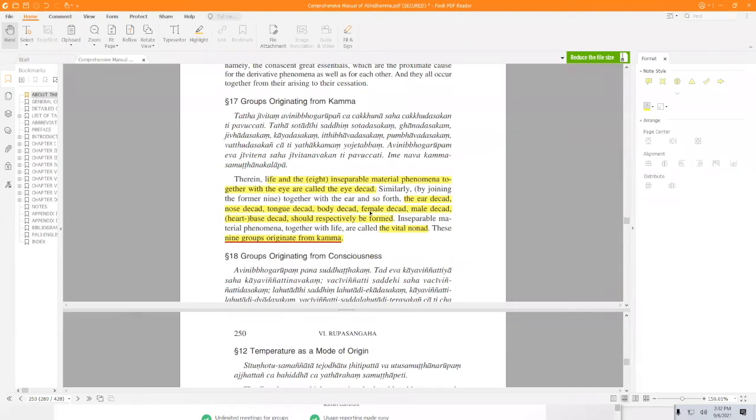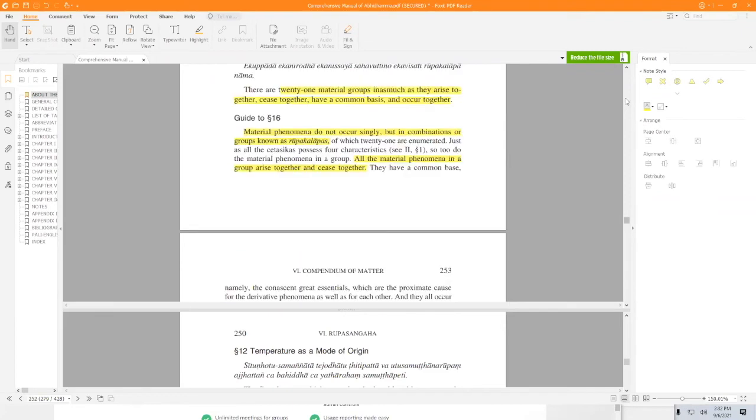Then we have the decad with sexual determination. The first 9 factors are the same. All that differs here is that we have the female faculty, and in the male decad, we have the male faculty. Then we have the decad with the heart base.